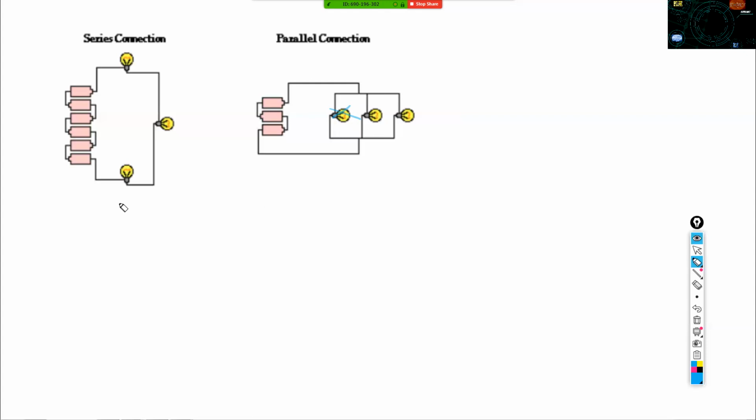Okay. So again, the analogy I like to use is thinking about a turnpike, paying a toll. The money is equivalent to the voltage, the energy.